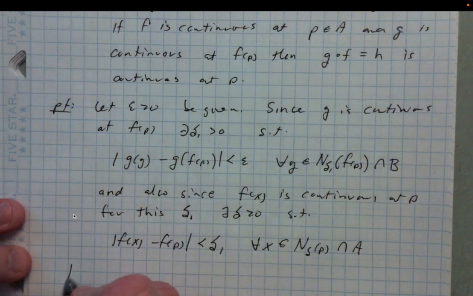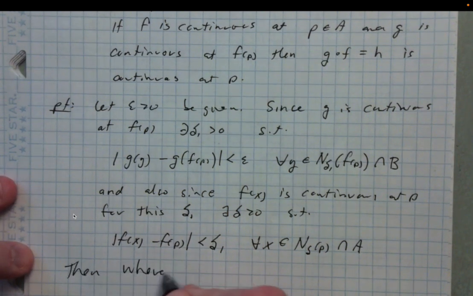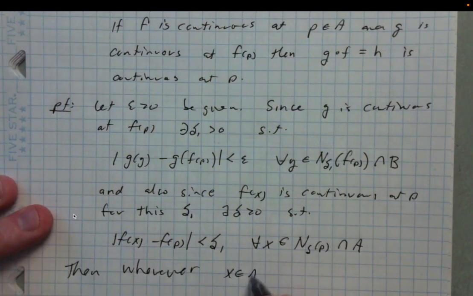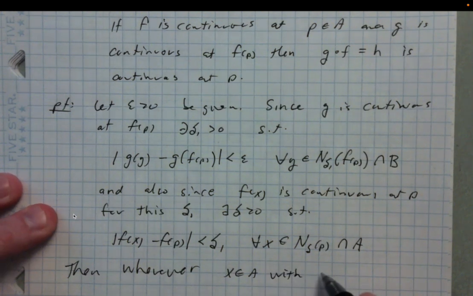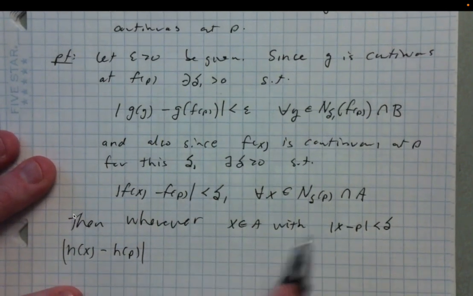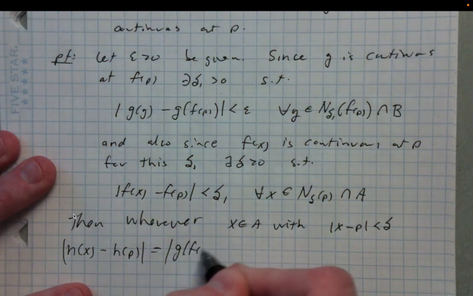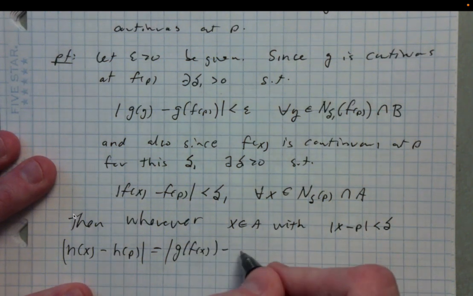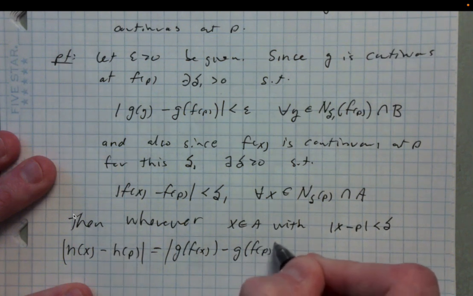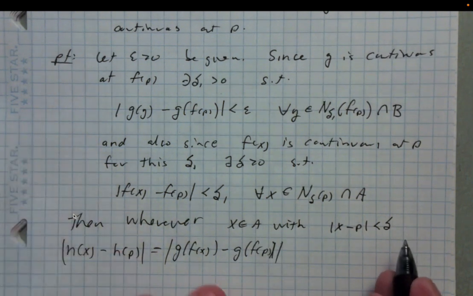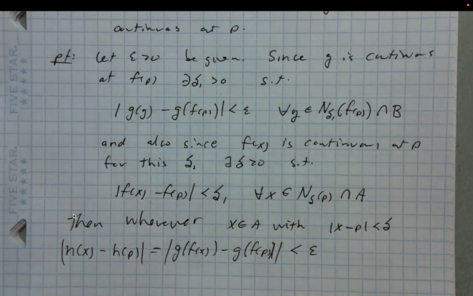And so what can we say in the end? Well, then, whenever x is in A, with the distance between x and p being less than this last delta, we would have that h of x minus h of p, which would be equal to, this is g composed of f, so this would be g composed of f of x minus g composed of f of p, has got to be less than epsilon, right?